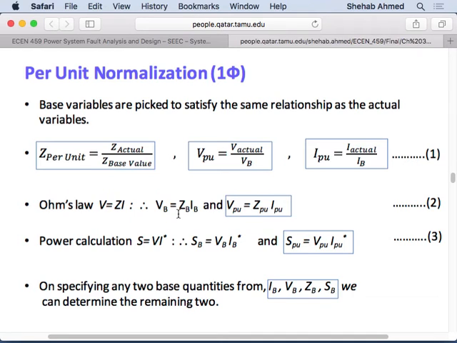There is a base that will give you reasonable intuition, and there is a base that will be useless. If I choose a base to be 1000 volts and my transformer is 100 volts, then the per unit value of voltage is actual, which is 100, divided by base, which is 1000: 0.1. It's not very intuitive.